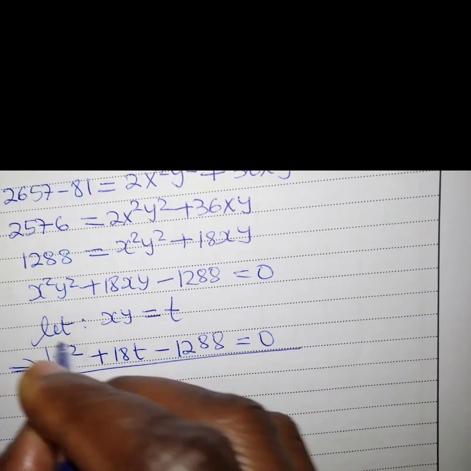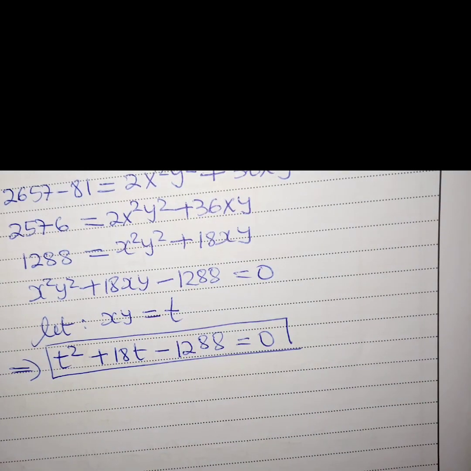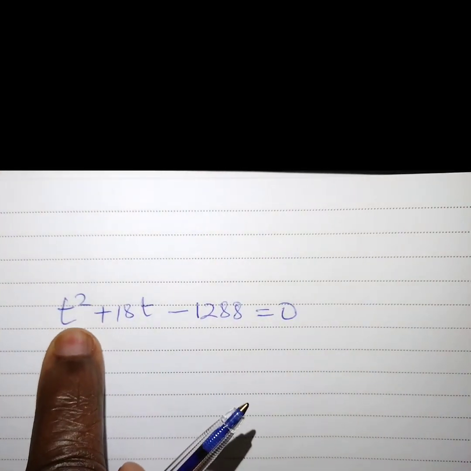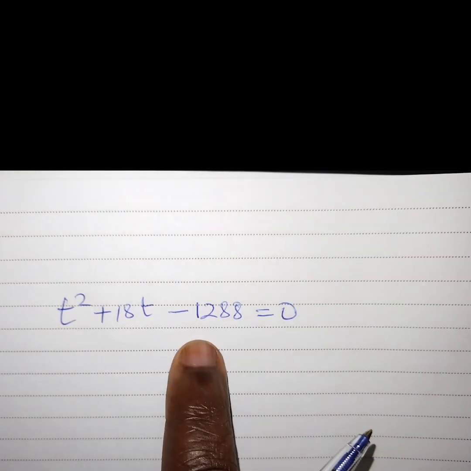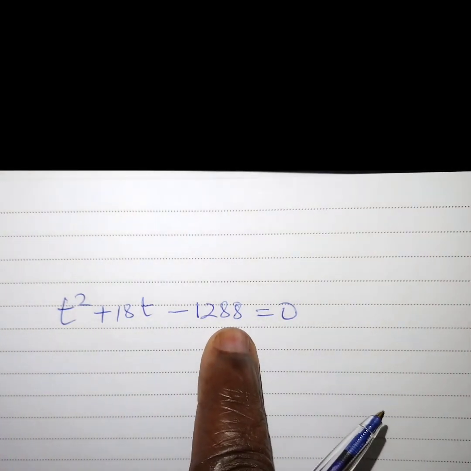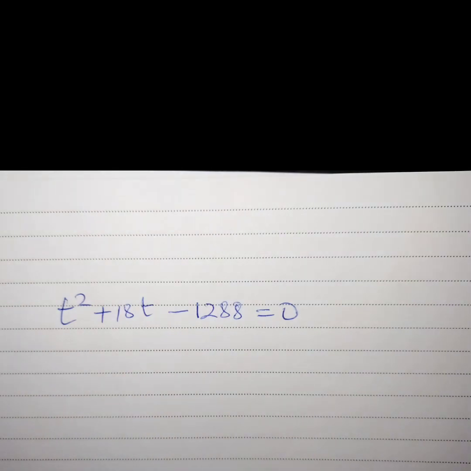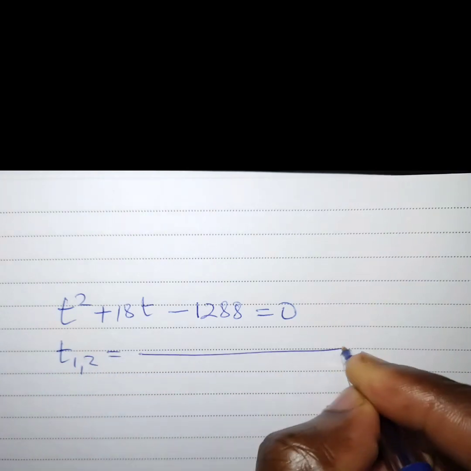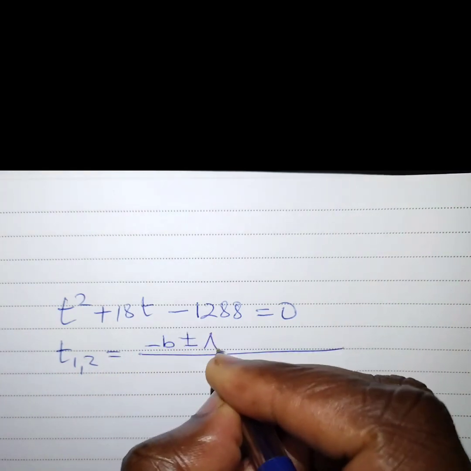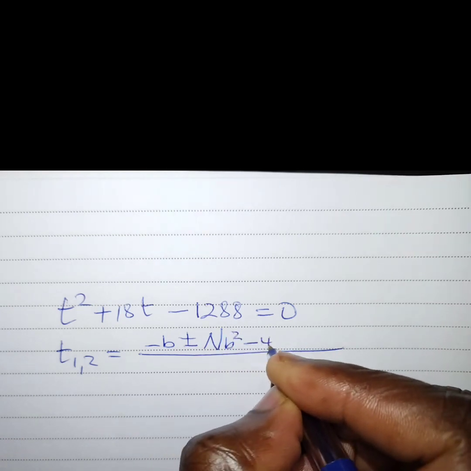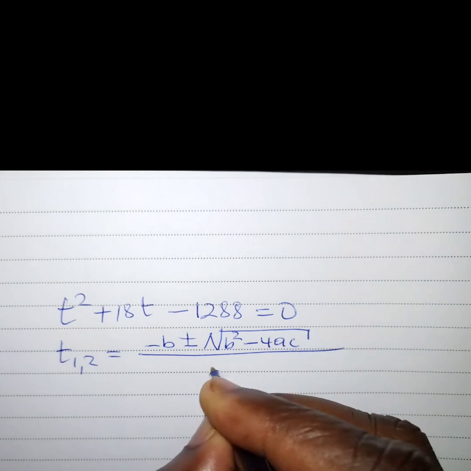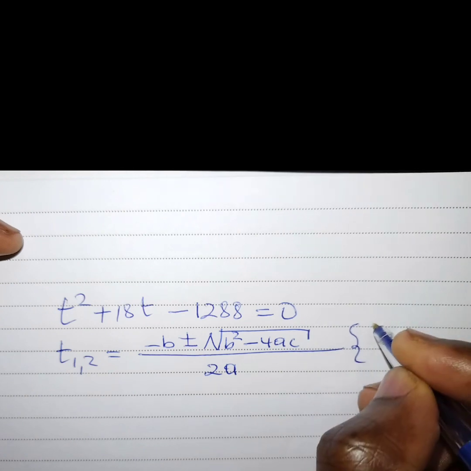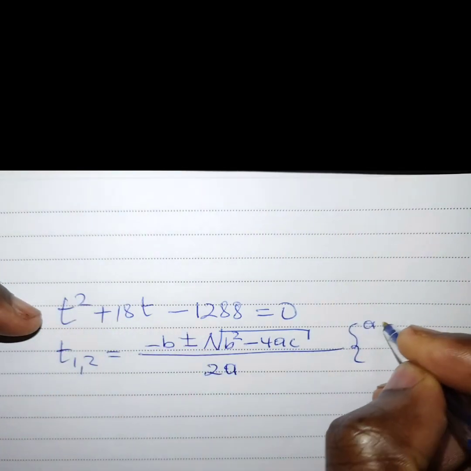Ladies and gentlemen, we have here a quadratic equation: t squared plus 18t minus 1288 equals 0. This can be solved using the delta method. Then t1 and t2 will be equal to minus b plus or minus the square root of b squared minus 4ac, all over 2a. In this equation, our a is the coefficient of t squared, which is 1.